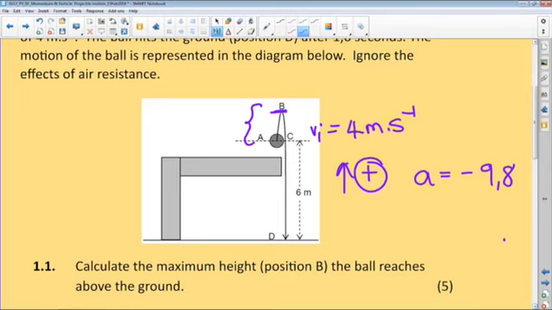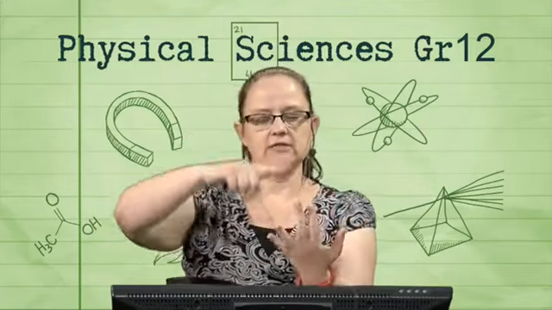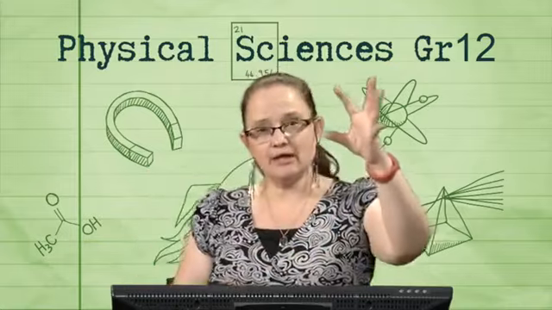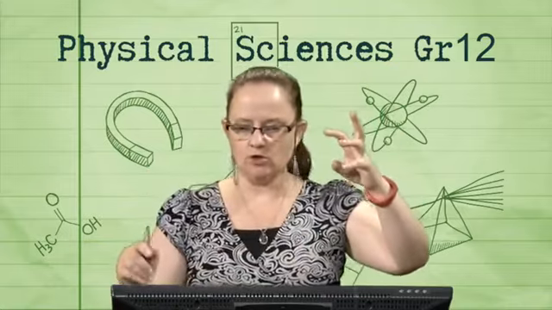When it gets to position B, it stops, so final velocity there is 0. And I've got acceleration of 9.8. So I've got acceleration, initial velocity, final velocity, and I want delta y. When I go back to my information sheet, I can't use any of the equations with t in it.